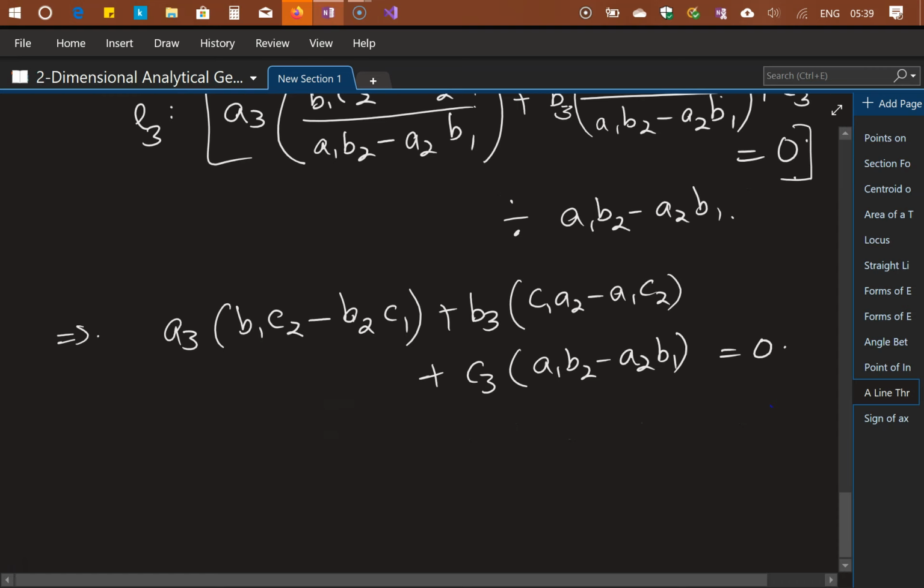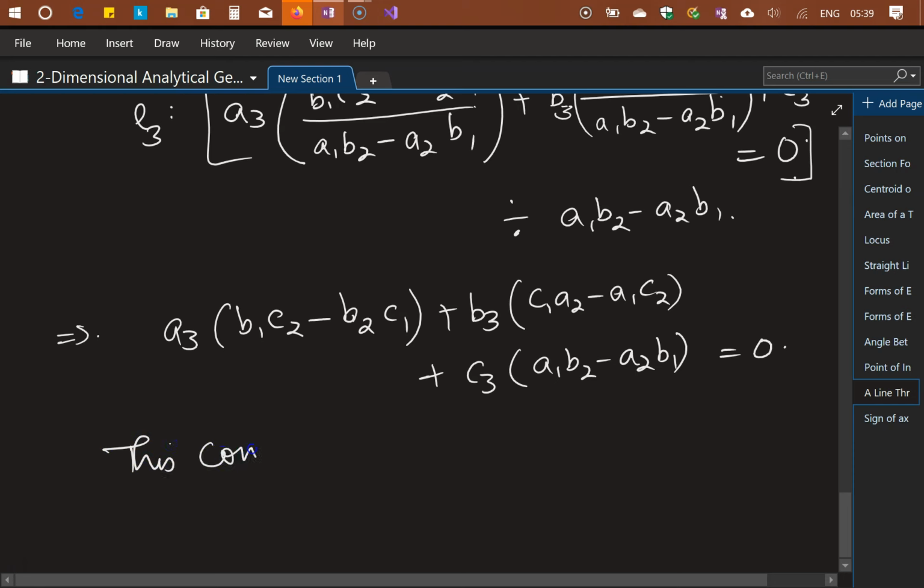So this is the condition that has to be satisfied. By just using the coefficients and substituting, if we get the answer as 0, that means the three lines are intersecting at the same point.